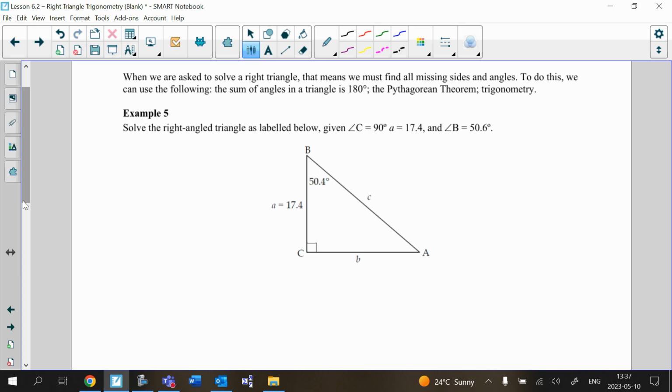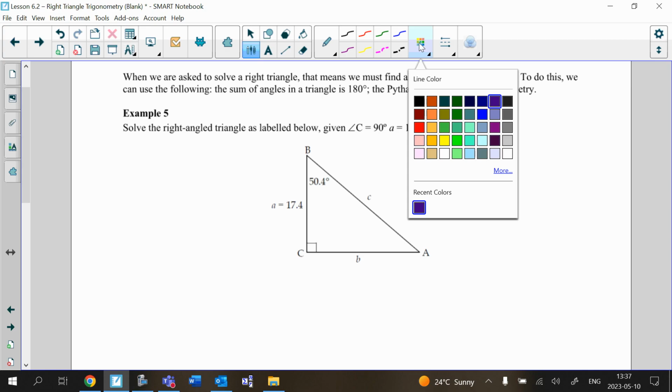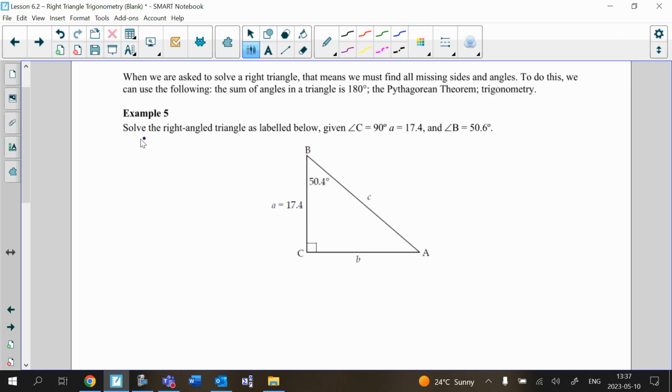Given just that information, you are asked to solve the triangle. When you see that instruction, solve, that means find all missing sides and angles.